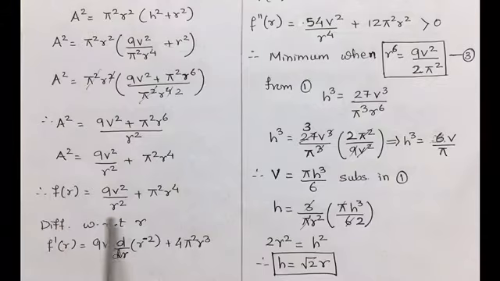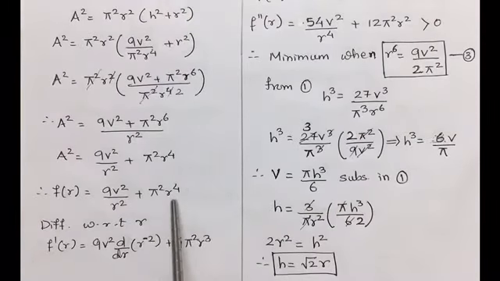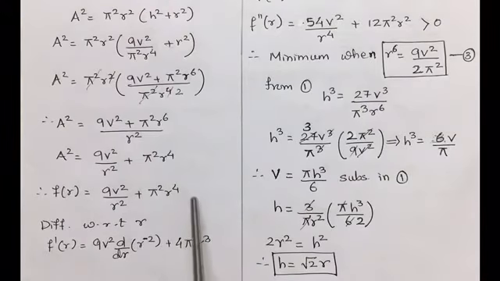Now differentiating this statement with respect to r, we get f dash r is equal to 9V square d by dr of r raised to minus 2, as r is in the denominator, we take the power up, so it becomes r raised to minus 2, and derivative of r raised to 4 becomes 4r cube.